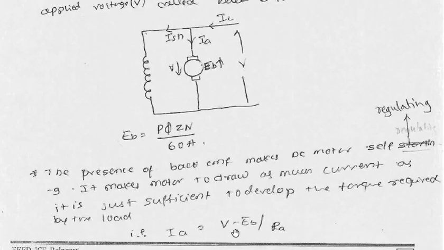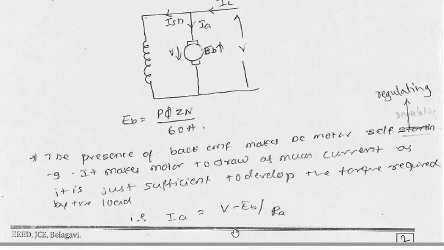Now what is the significance of this back EMF? I told you, it makes the motor self-regulating. What is self-regulating? The amount of current required, the armature current, depends on the load.